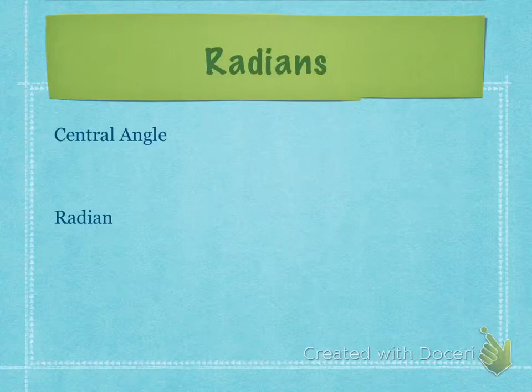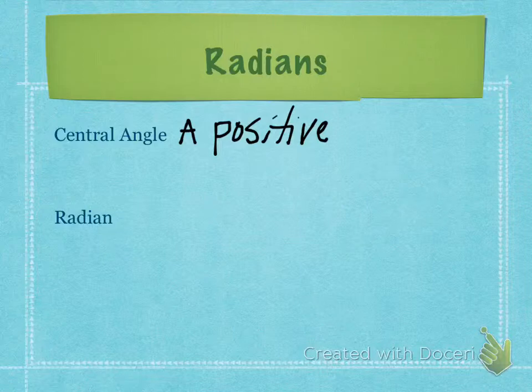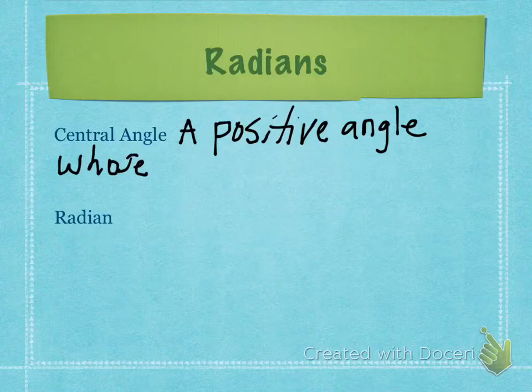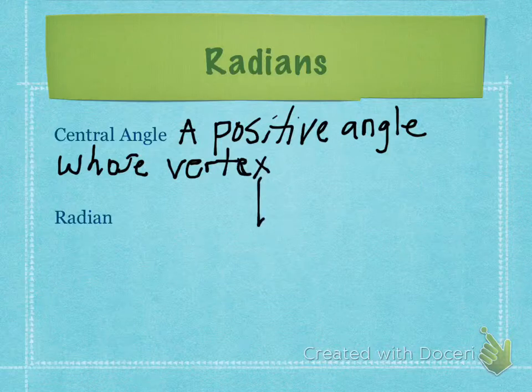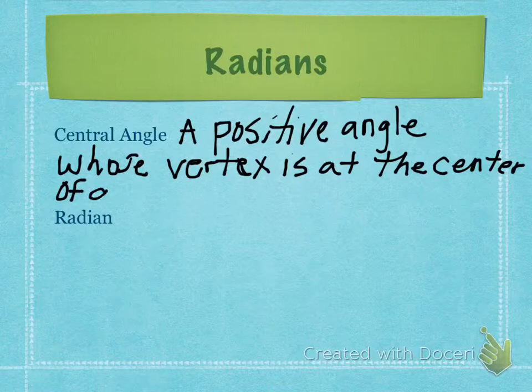So to start with, a central angle, there are 2, a positive angle whose vertex is at the center of a circle.